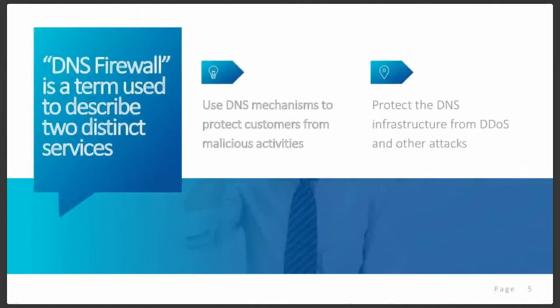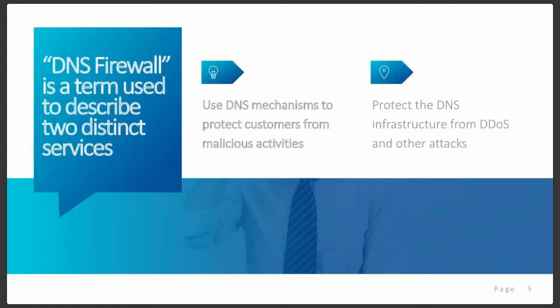There is another distinction that I want to make, which is what is DNS Firewall, because there are two different offers in the market naming themselves as DNS Firewall. What we are talking about here is the DNS mechanism to protect customers' devices and computers from malicious activities, so using the DNS as a mechanism of protection.